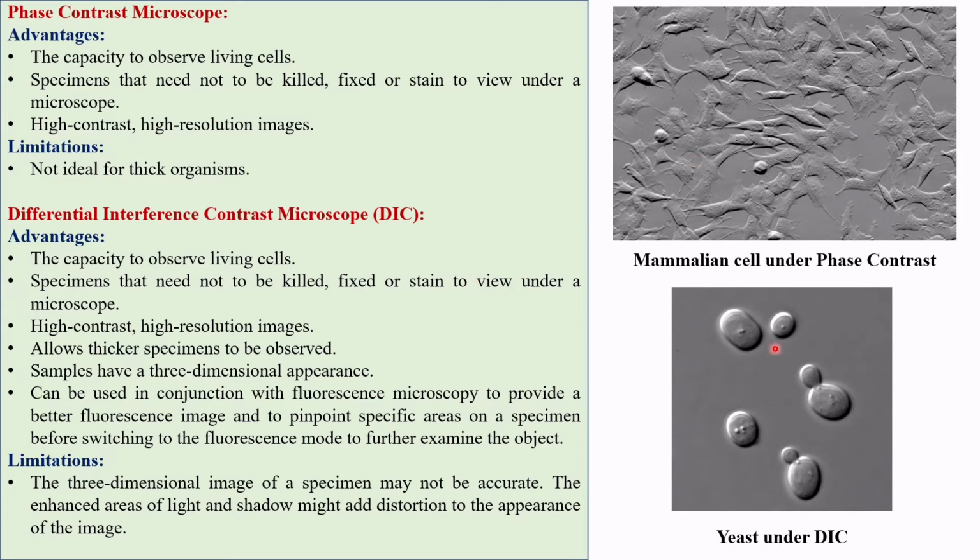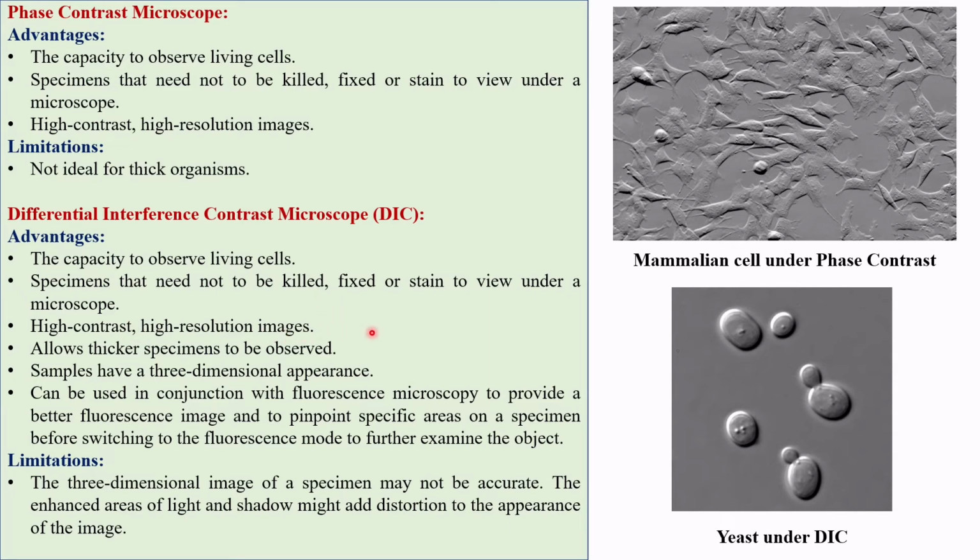Now in DIC, some advantages are common with the phase contrast microscope: the capacity to observe living cells, specimens need not be killed, fixed or stained, and high contrast, high resolution images will be formed.